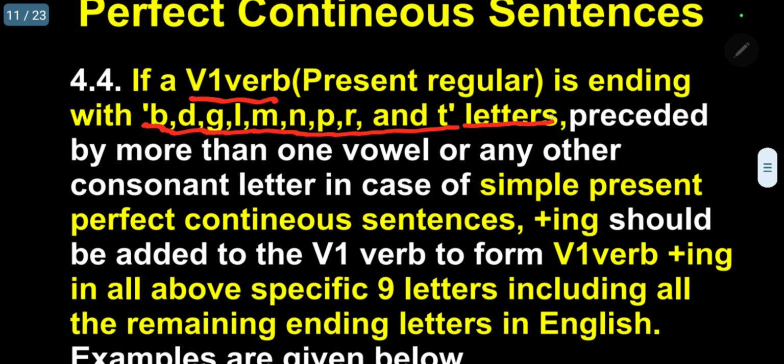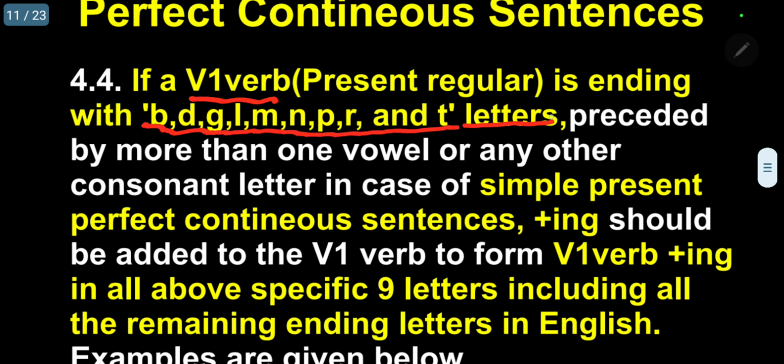In the case of present perfect continuous sentences, please follow: only ing should be added to the V1 verb to form V1 verb plus ing, in all the above specific 9 letters, including all the remaining ending letters in English.